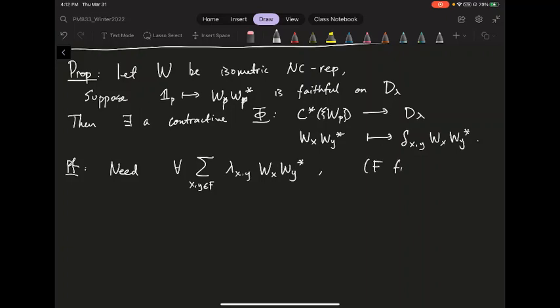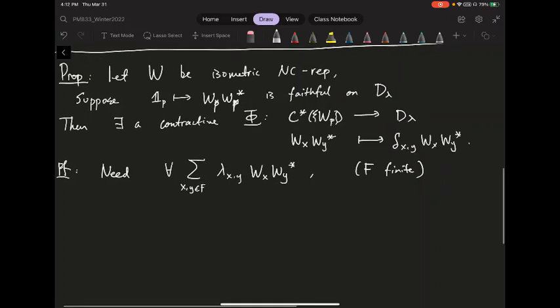Here F is finite. Then if I want to show this phi is contractive, I just need to show it's contractive on all of these elements.